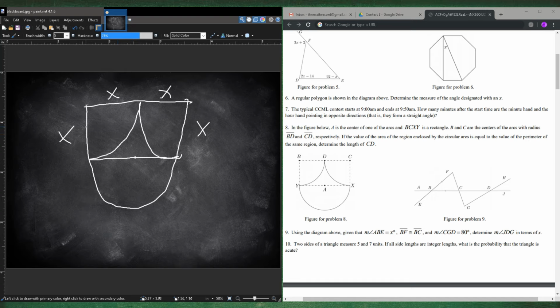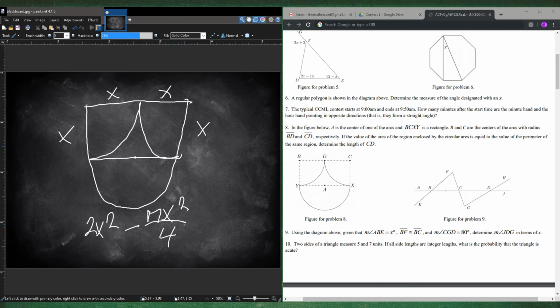So the area of this entire shape, which is a rectangle, is 2x squared. But we need to take out those circles because we only want this part right here. So technically it's just 2x squared minus, the area of a circle is pi radius squared. So it's pi x squared because our radius is x. And then divide by 4 because it's a fourth of a circle.